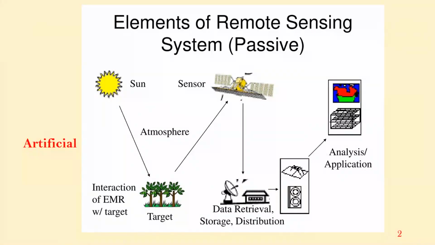The remote sensing system should have an illumination source, that is the sun here, and the target, the Earth features in this case, and the sensor that is mounted on a satellite, either a camera or a sensor, that continuously collects the information about the reflected energy from the Earth features, and relays this information to the ground station. That information is stored and distributed to the image analyst. Using the image processing software, the analyst could make meaningful applications.